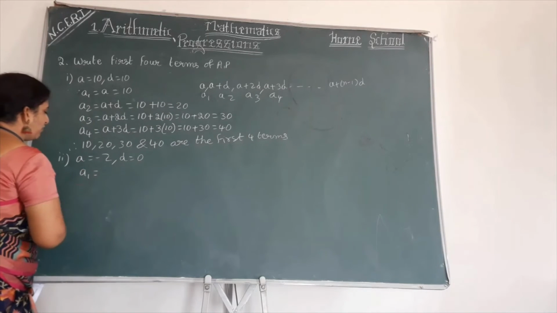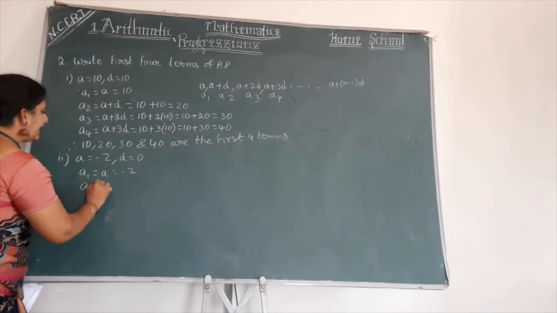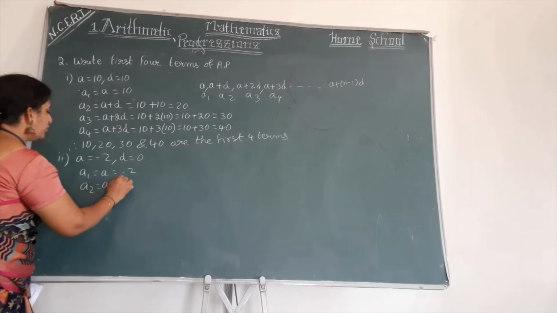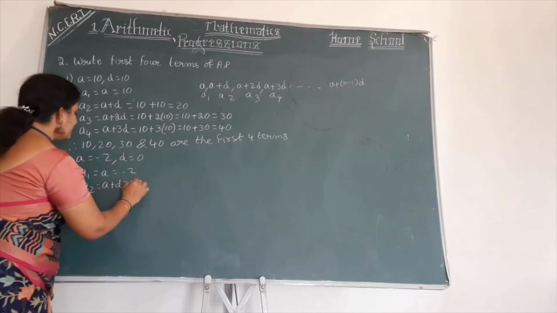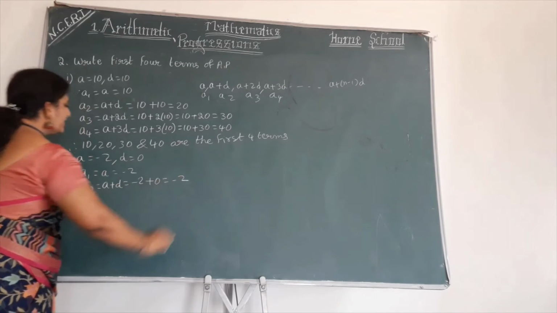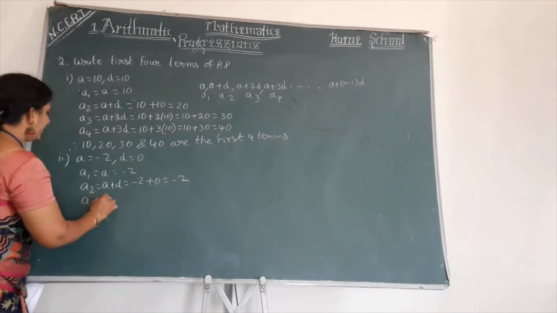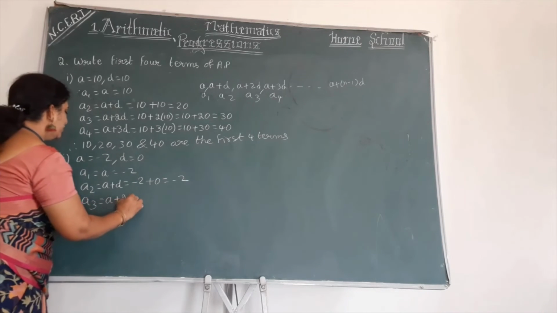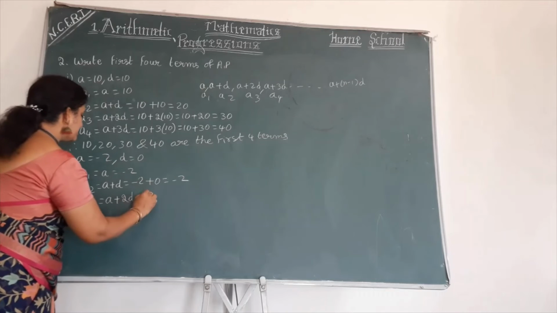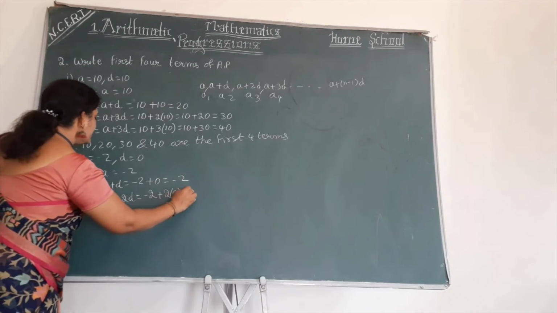First term A1 is equal to A is equal to -2. Second term A2 is equal to A plus D. What is A plus D here? A value is -2, D value is 0. That is -2 plus 0 will be -2. What's A3? A plus 2D. Substitute A value here: -2 plus 2 into D value, which is 0.